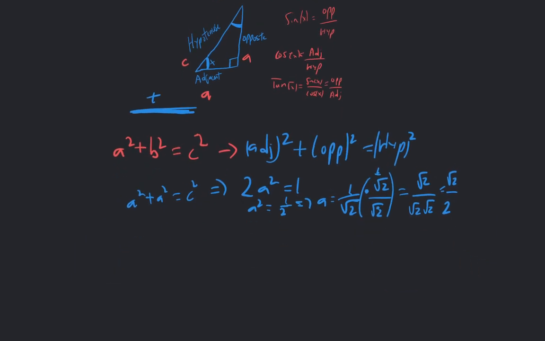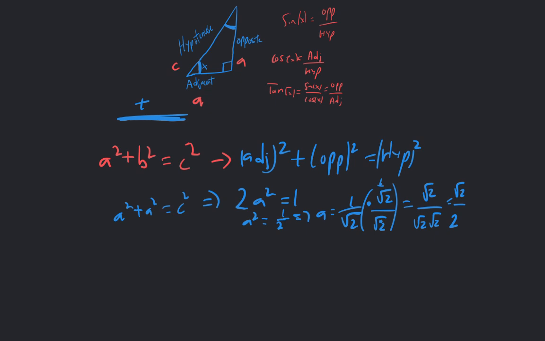Now, to find the sine of x, we know that the opposite and the adjacent are both equal to root 2 over 2, and the hypotenuse is equal to 1. So we have our opposite, which is root 2 over 2, and our hypotenuse is 1, which just leaves us with root 2 over 2.